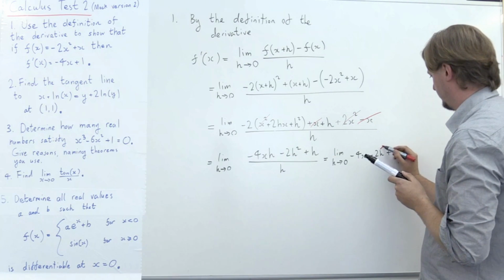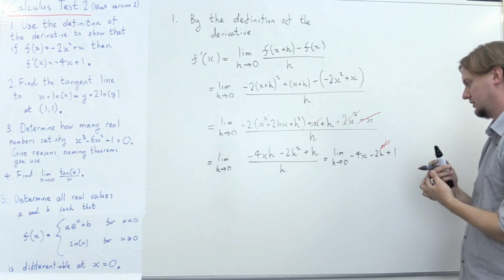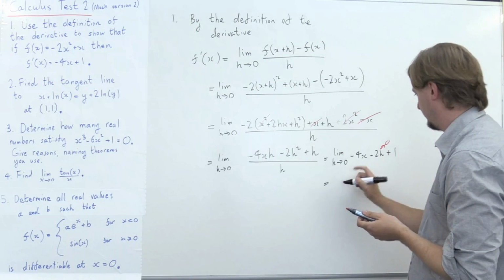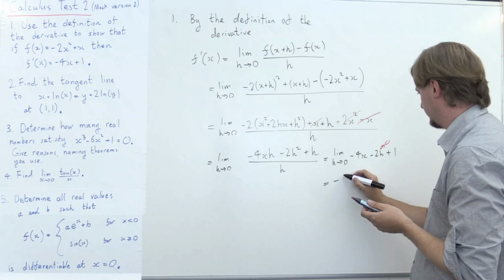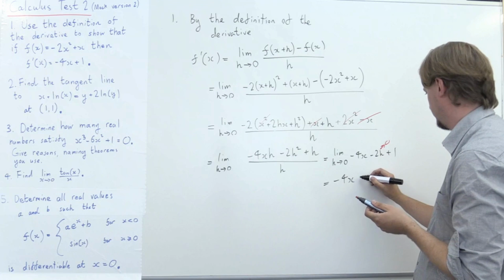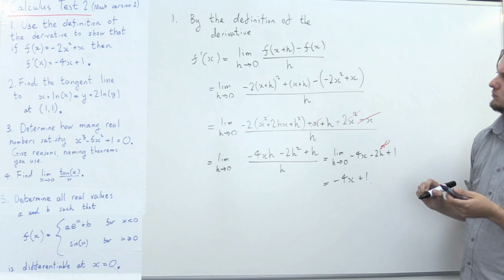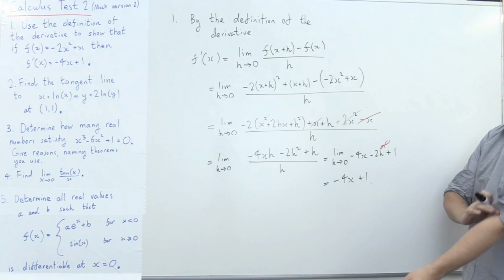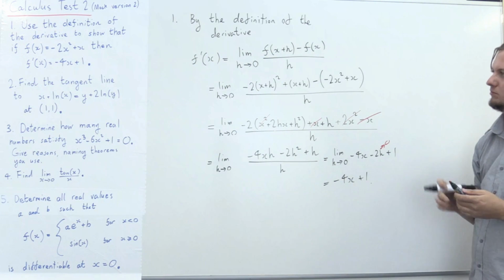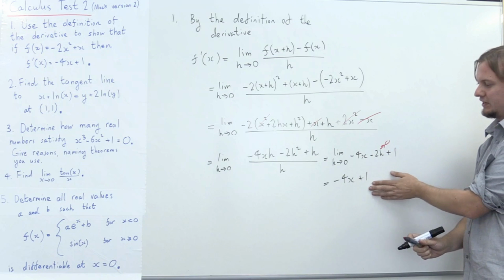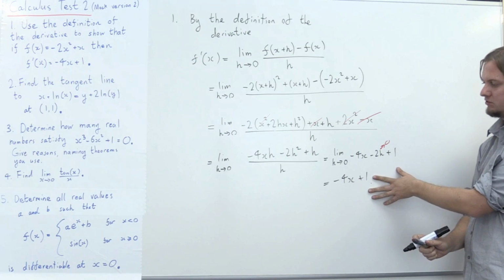It vanishes. So that limit I can easily take. It is just minus 4x plus 1. It seems like quite a lot of algebraic work, so I'm trying to be very explicit. But I did end up finding the limit. The limit is just what we were told.